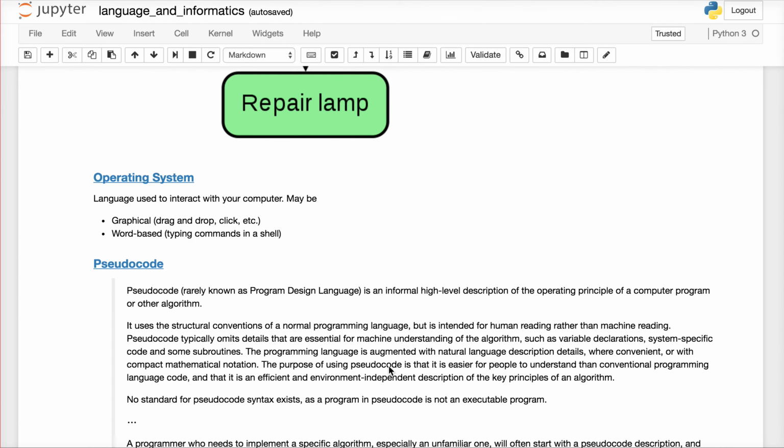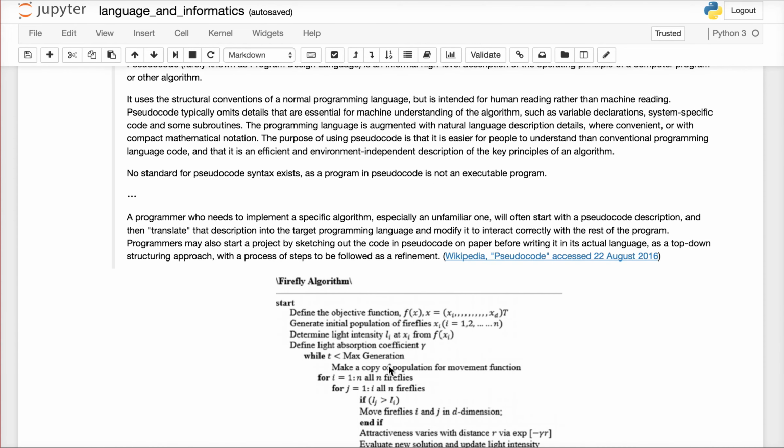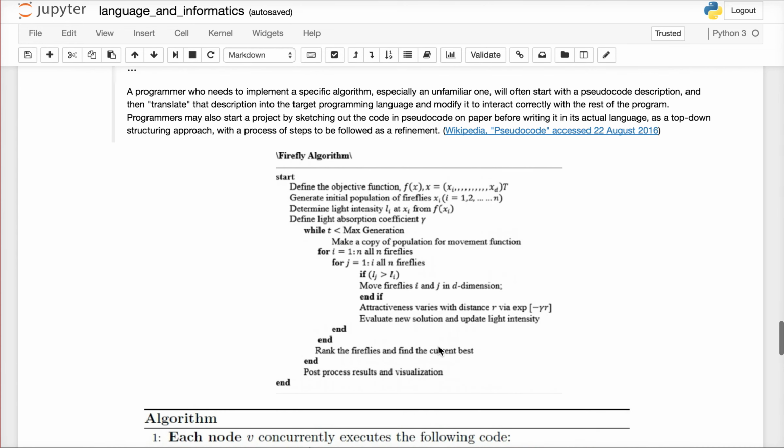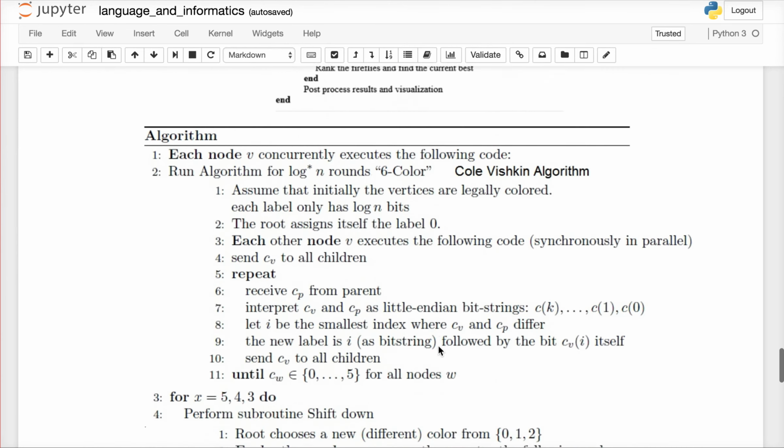Another type of language that we'll commonly encounter within computing is referred to as pseudocode. Pseudocode is where you're writing out what you want your computer program to do in a structured way that's similar to the program that you're going to write, but instead of using the language and symbols of the programming language, you're using a combination of natural language and symbols. It's a halfway point between what you're thinking of in your mind and the actual code that you'll write in a particular language.